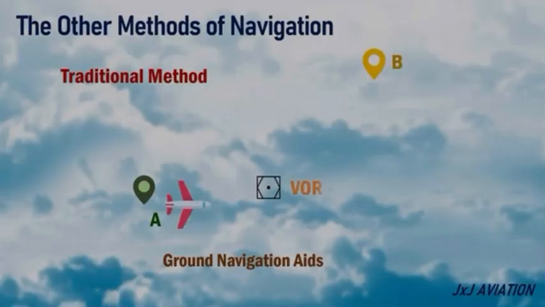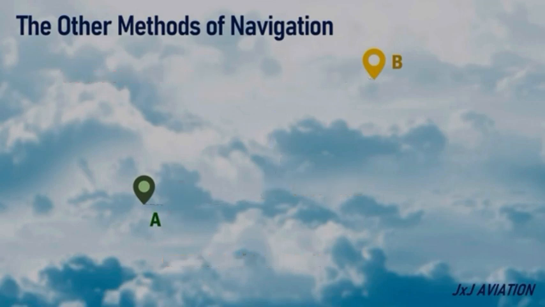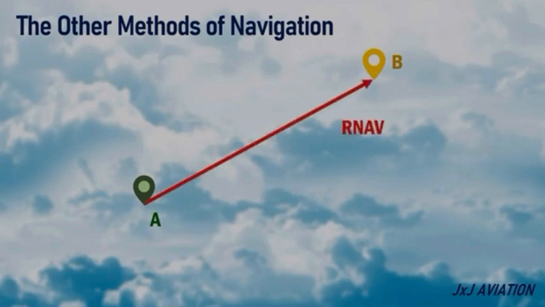So now we can select more efficient, direct and short routes without thinking about the ground-based navigation aids. Do we have them available to provide a specific signal to follow and to fly from point A to point B, ignoring flying to point C?